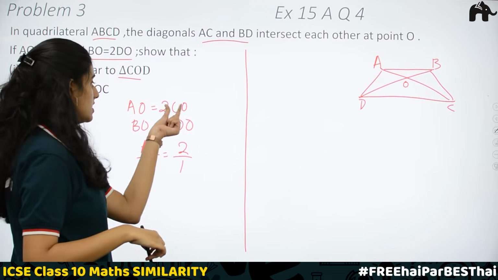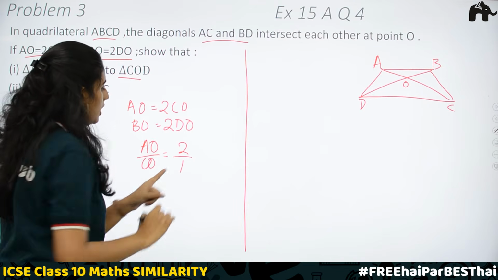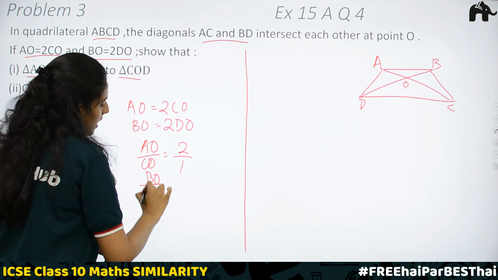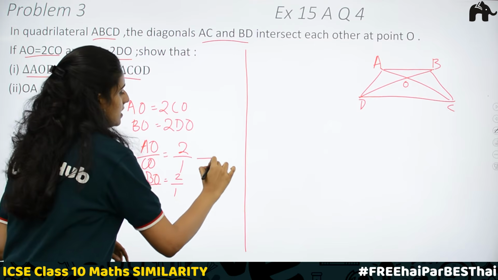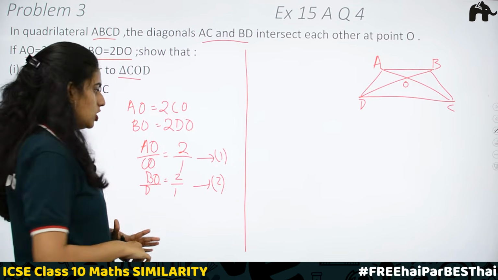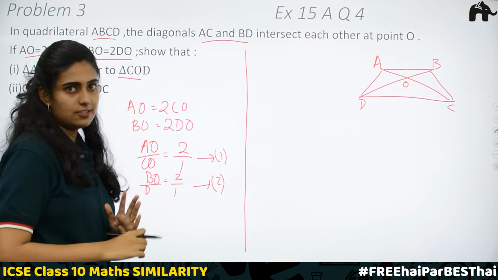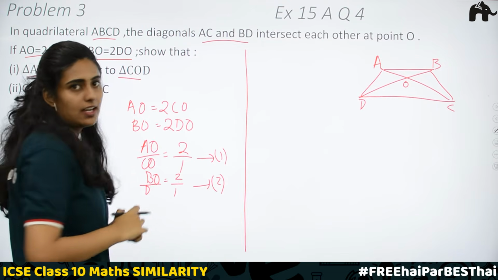Taking CO to the opposite side, it comes to the denominator, and to complete the ratio I am putting 1 here. Similarly, BO by DO will be equal to 2 by 1. This is my first equation and this is my second equation. When I compare these two equations, the right hand sides are equal, which means the left hand sides should also be equal.